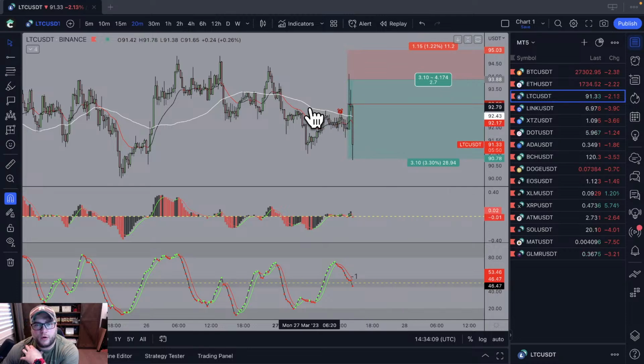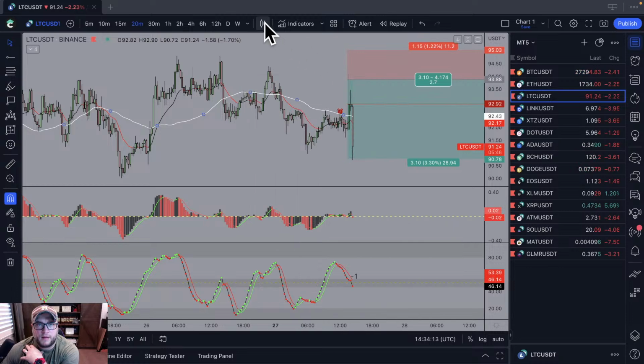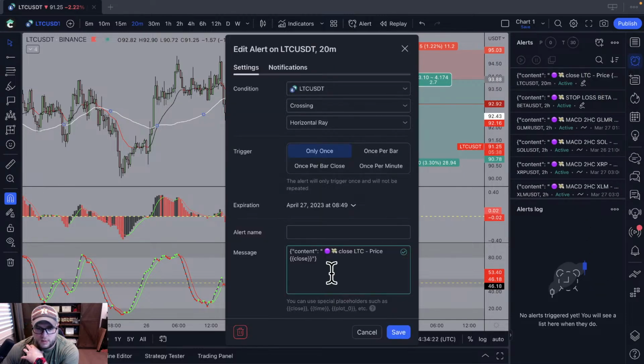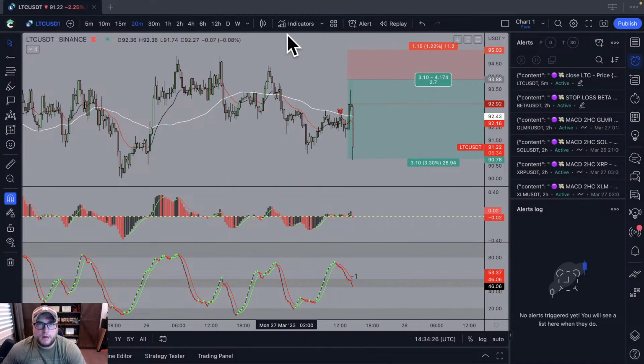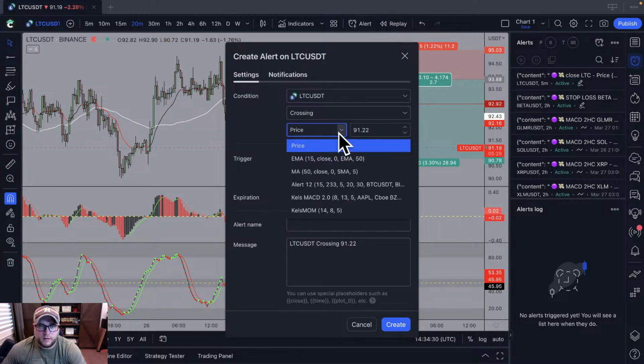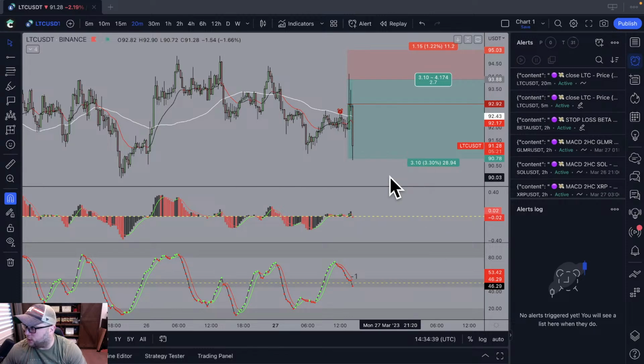I can put an alert on there on the EMA 50. I can say Litecoin crosses EMA 50 once, and bam, now we'll get alerted in there.